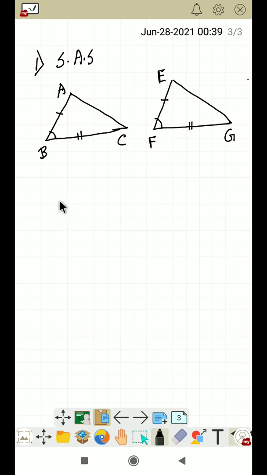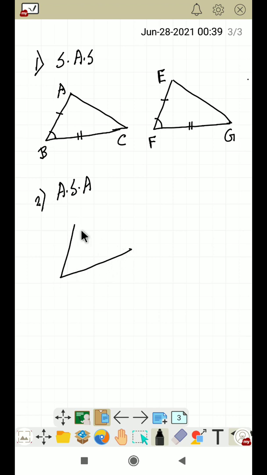Now the next property is angle side angle. Draw two triangles.